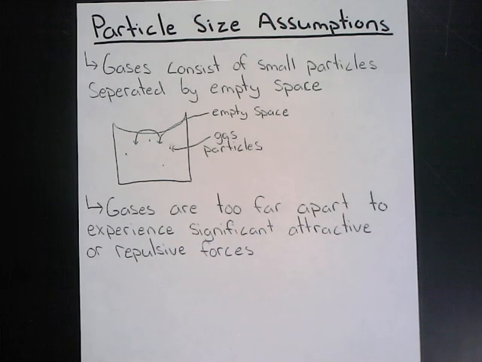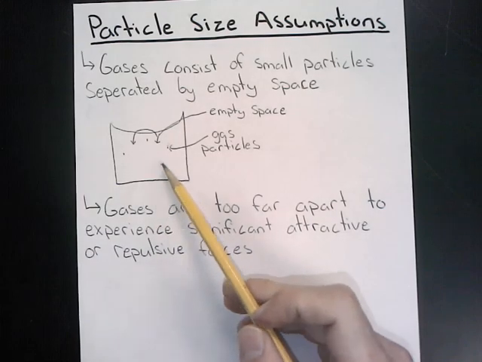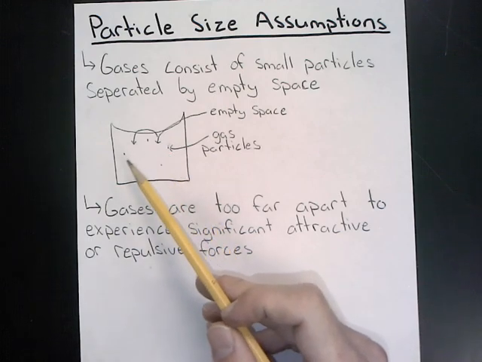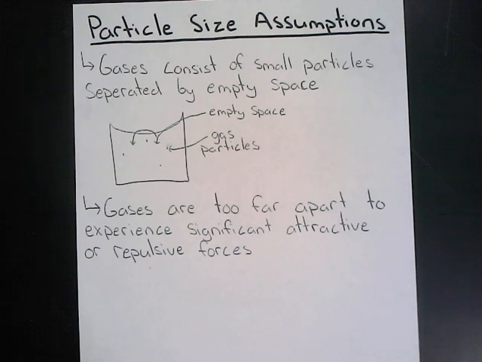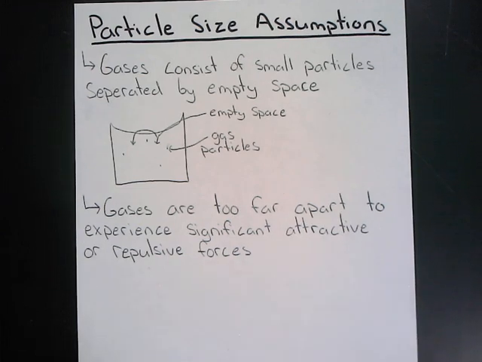This statement comes back to the fact that these little small particles have so much empty space between each and every gas particle that they can't have that pushing or pulling experienced by the positive protons or the negative electrons. Thus, they have very little attractive force, so much so that we say it's not really a big deal what significant force they do experience.